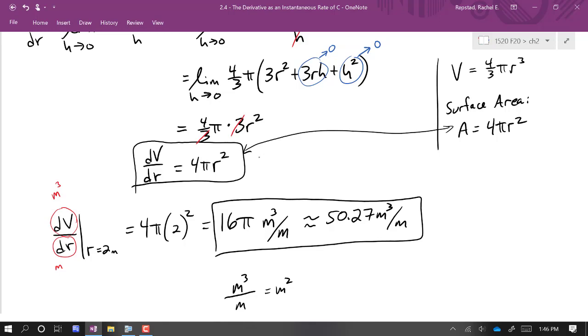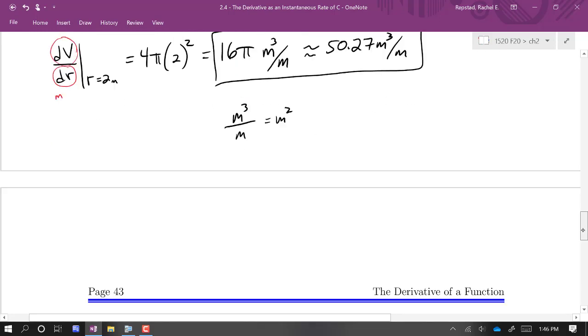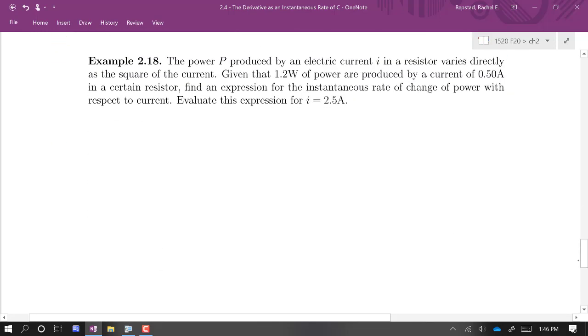All right, we got one more example in this section. I'm going to preface this example by saying I don't have a background in circuits. And that's okay. I don't necessarily need to have a background in the actual application in order to do the problem, in order to read and understand what they're telling me.